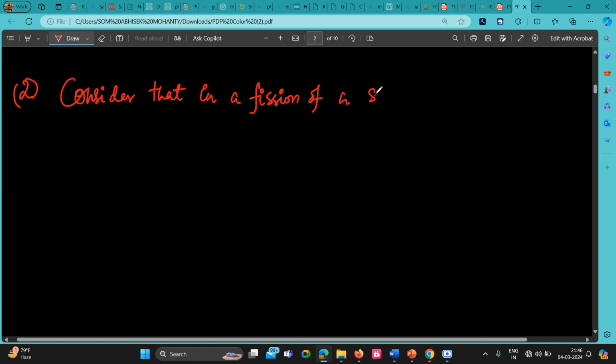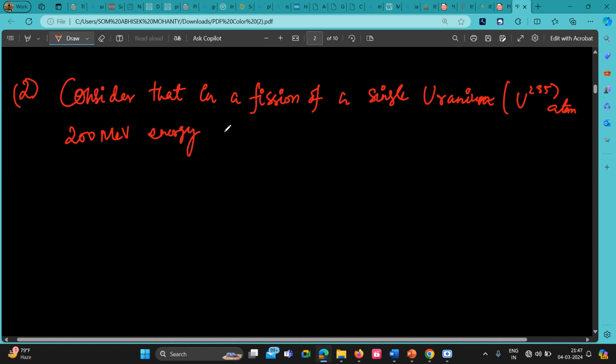Question number 2. Consider that in a fission of a single uranium U-235 atom, 200 mega electron volt energy is released.